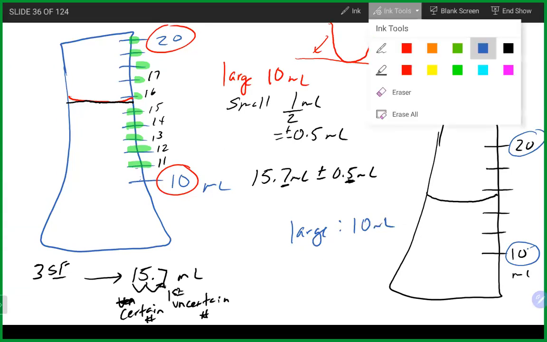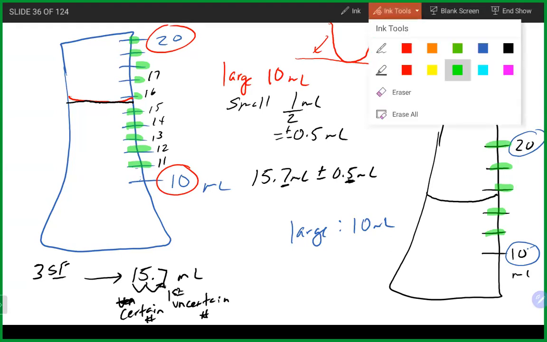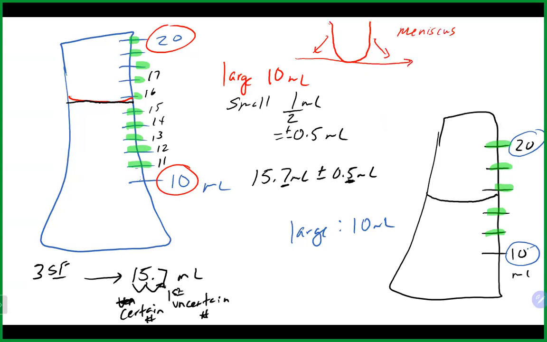When I look at my small marking in this case, I got 1, 2, 3, 4, and 5. That means each of the markings represents how much? 2 milliliters here. That would make that like 12, 14, 16, 18.